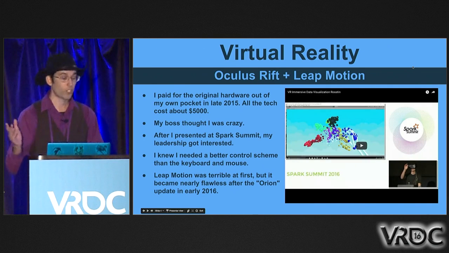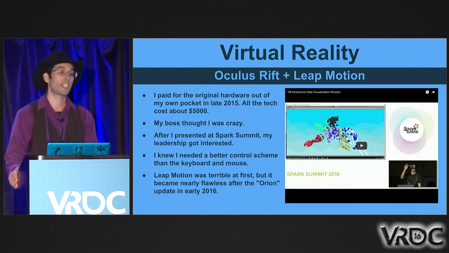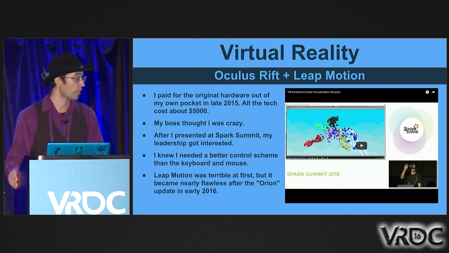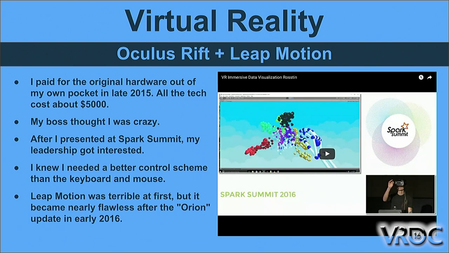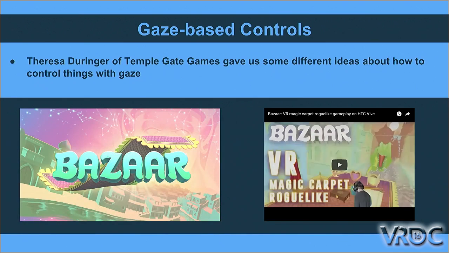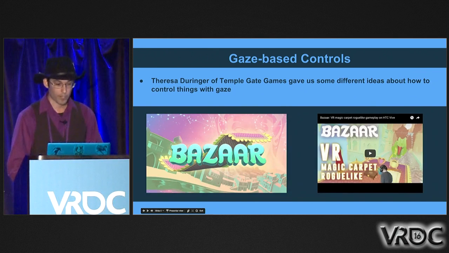So I paid for all the original hardware out of my own pocket. I shelled out thousands and thousands of dollars for a computer that could run the Oculus. And I illegally purchased a headset from a developer who shall go unnamed. Thank you, unnamed developer. And I got started with this. When I got started, I was looking at Bizarre.